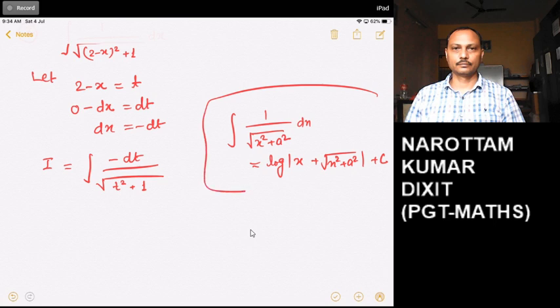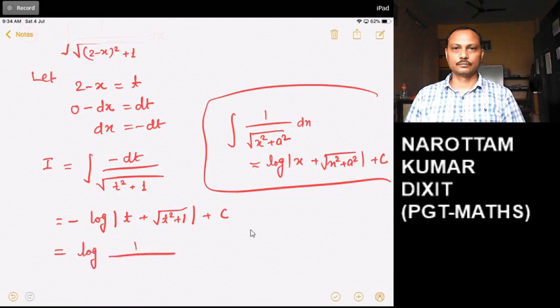So by using this formula, we will get minus log of t plus under root t square plus 1 plus constant of integration. Because here the logarithmic term is negative, we can write it in the denominator. We can write log of 1 upon mod of t plus under root t square plus 1.